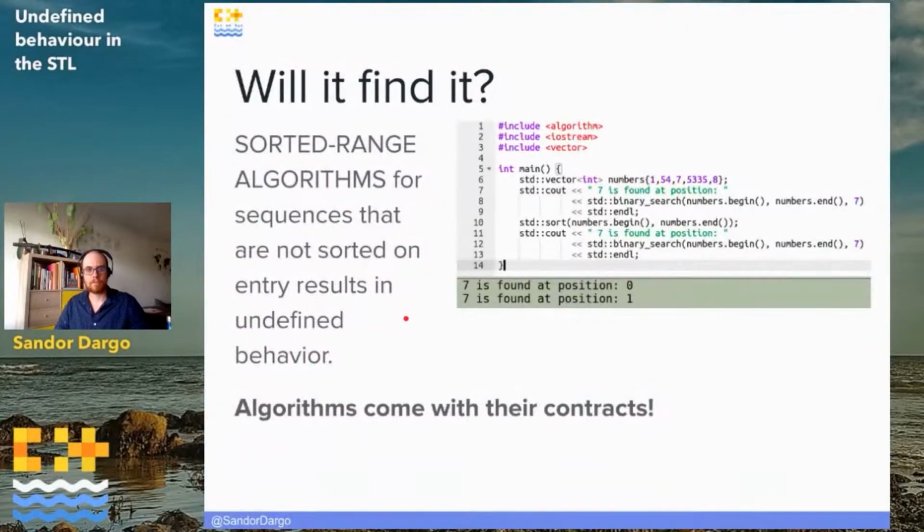So let's take, for example, binary search. Here we take, by the usual pair of iterators, this numbers vector, and we are looking for the position of number 7. You call binary search, and what we see is that it's the very first item at position 0.